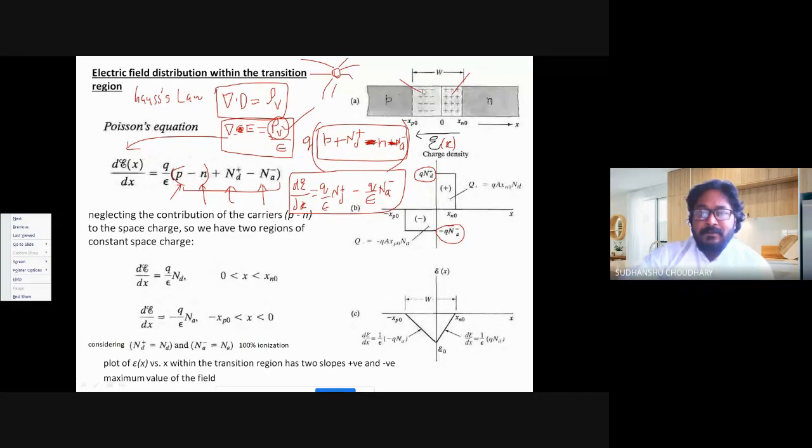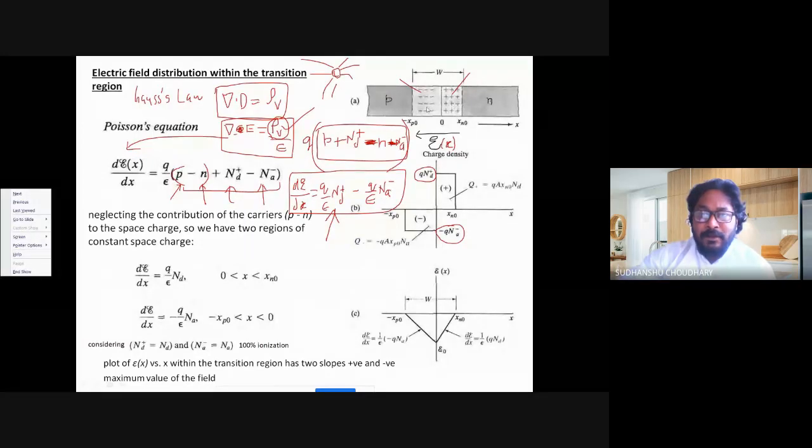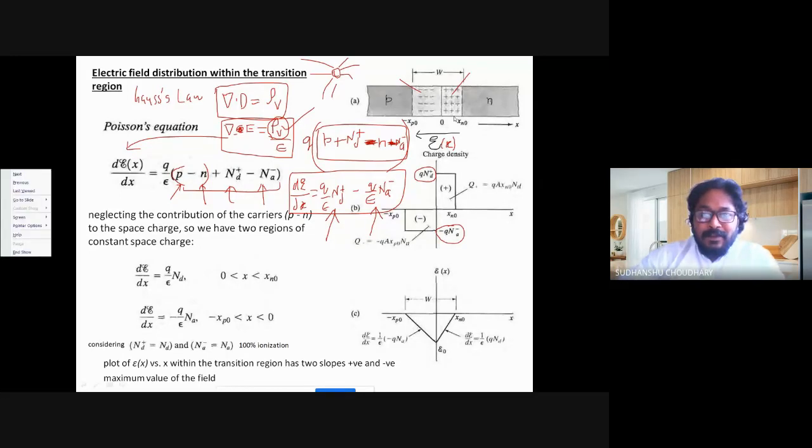One is this region and the other one is this region, right? So the electric field in this region, let's say this region, that is where the donor ion is present, is this Q by epsilon ND plus. Similarly, the electric field in the region where acceptor ions are present is this electric field. You will see that the gradient in this region is positive, and in this region is negative, right?